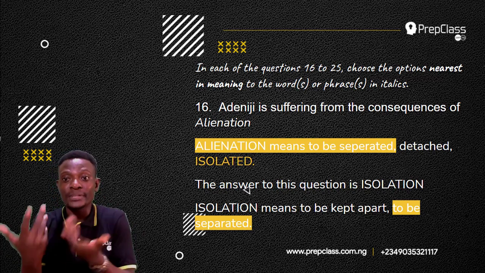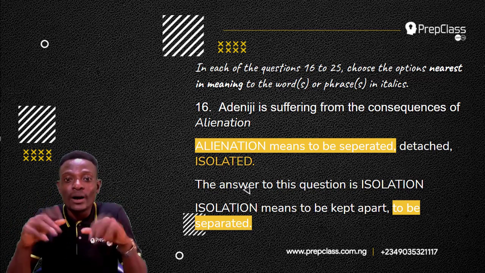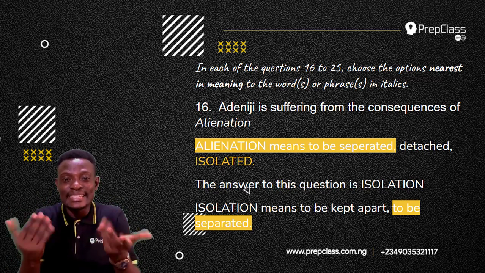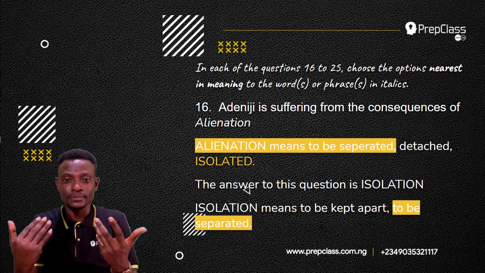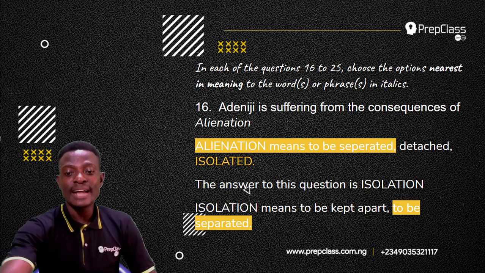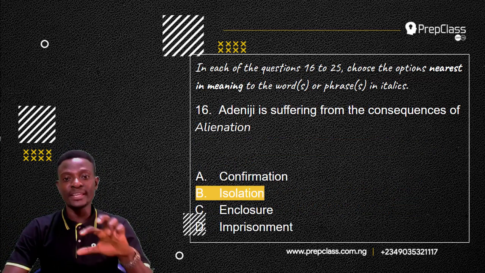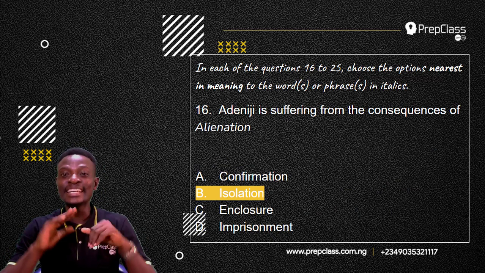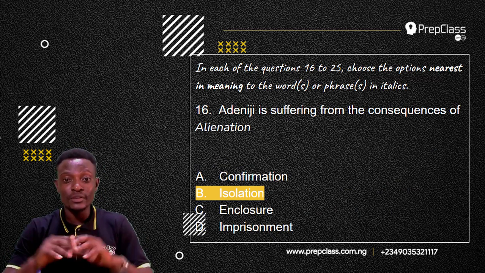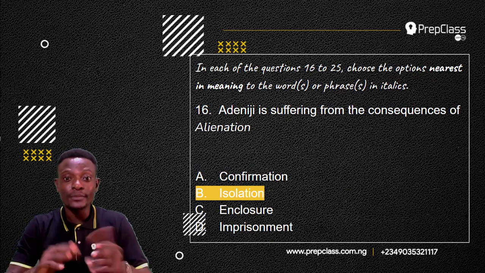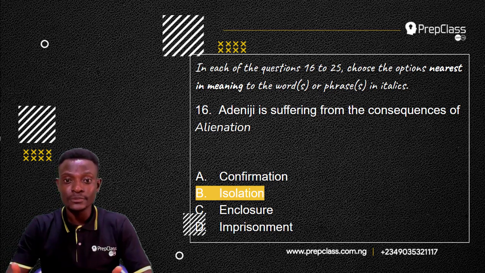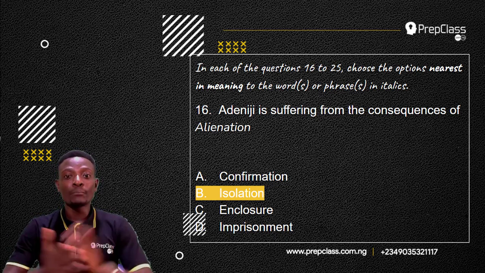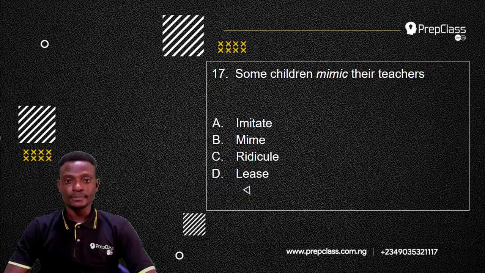Alienation means to be separated, detached, isolated. So, isolation is the nearest in meaning to alienation. So, the answer to this question is option B. Identity is suffering from the consequences of alienation. It's suffering from the consequences of isolation. Okay, moving on to the next question.